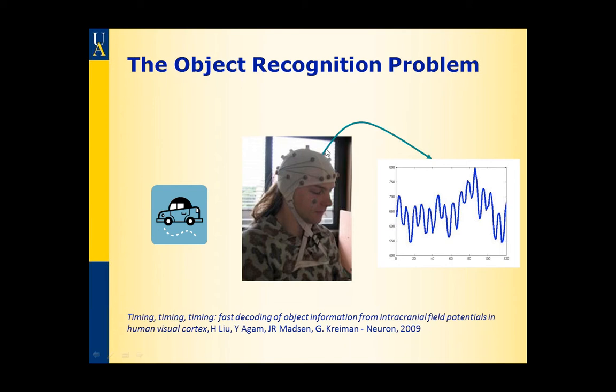From each electrode we get a signal, and the idea is to see if, just by looking at the signals, we can identify what this person is looking at. These are results published in this journal and this paper, in case you want to look at it later.